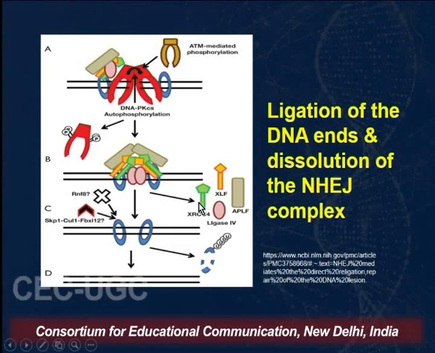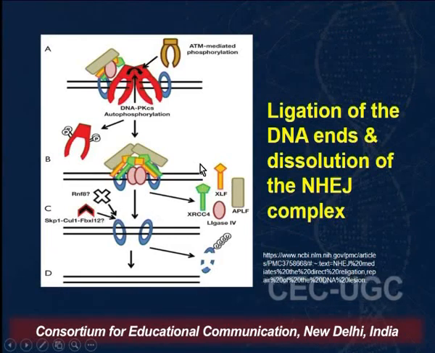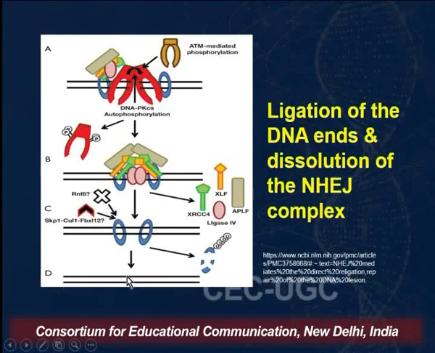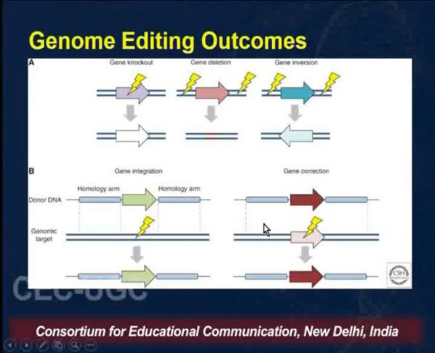So these are the two major repair mechanisms that are utilized when the double-stranded DNA breaks are there. We'll talk about the different nucleases subsequently, which cause the DSBs to be repaired, leading to various kinds of gene editing methods.